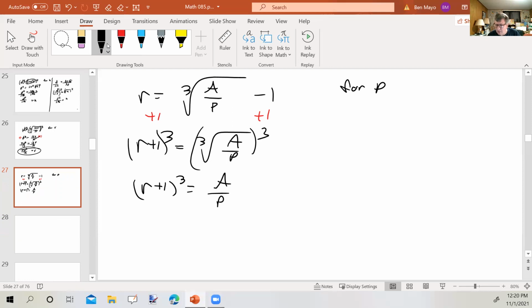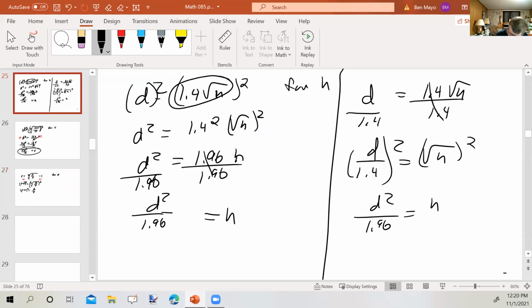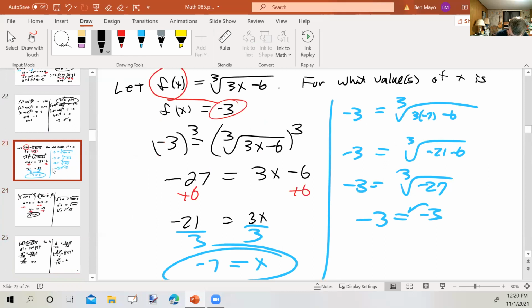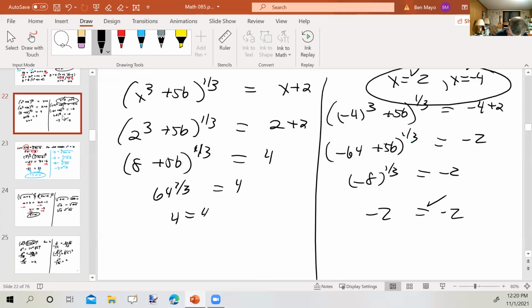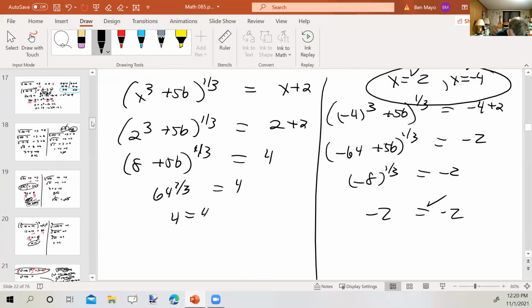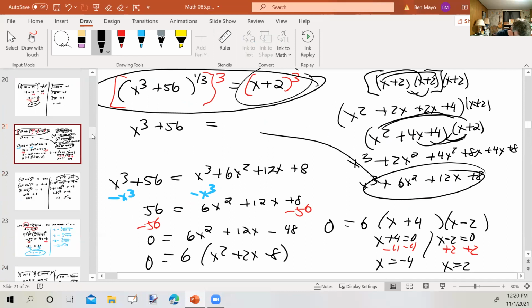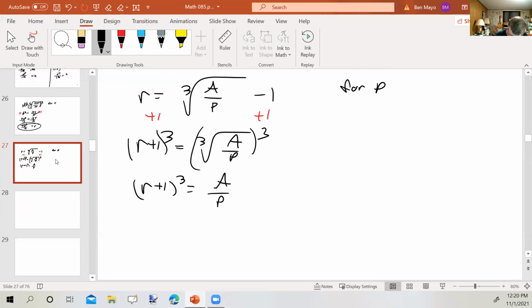Now, the first time I did this problem, I went ahead and took r plus 1 times r plus 1 times r plus 1. I found out the author didn't do that. I guess we don't need to in this case. Back here a ways, there was one where, because it was all in the one variable x, we had to go ahead and cube that whole thing out to solve it, but we don't need to do that here.